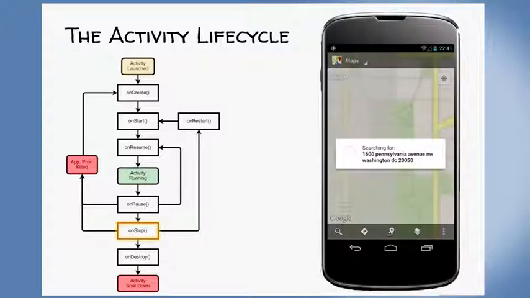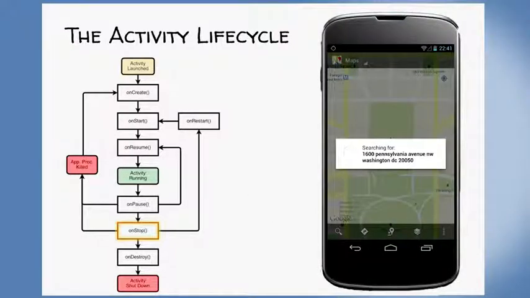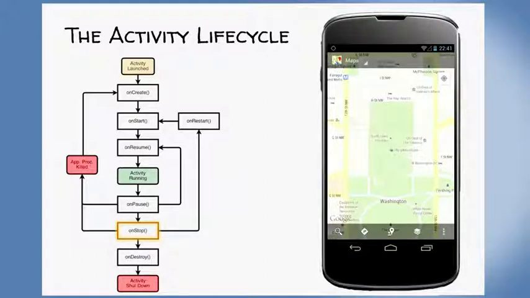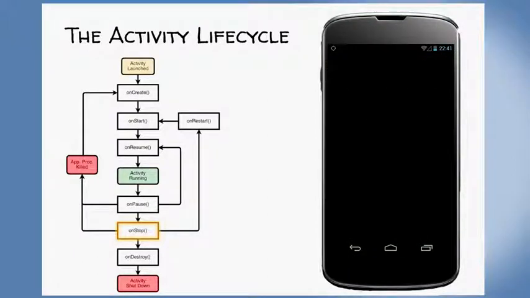Now, eventually Google Maps will appear on the screen, and the user can interact with it. But at some point, the user will be done with Google Maps and might, for example, choose to return back to map location, for instance, to map a new address. So let's assume that the user now hits the back button to return back to map location.